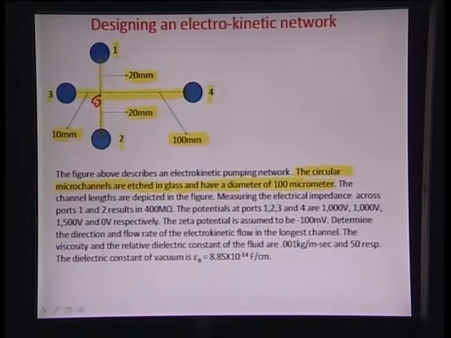Okay. So measuring the electrical impedance across ports 1 and 2 results in 400 mega ohms, and we assume that the fluid filled inside this channel 1, 2 is really responsible for providing the resistance, and also that resistance is homogeneous. Okay. So therefore if the medium is not altered, there is almost always a uniform resistance per unit length, depending on if the channels are continuously filled.